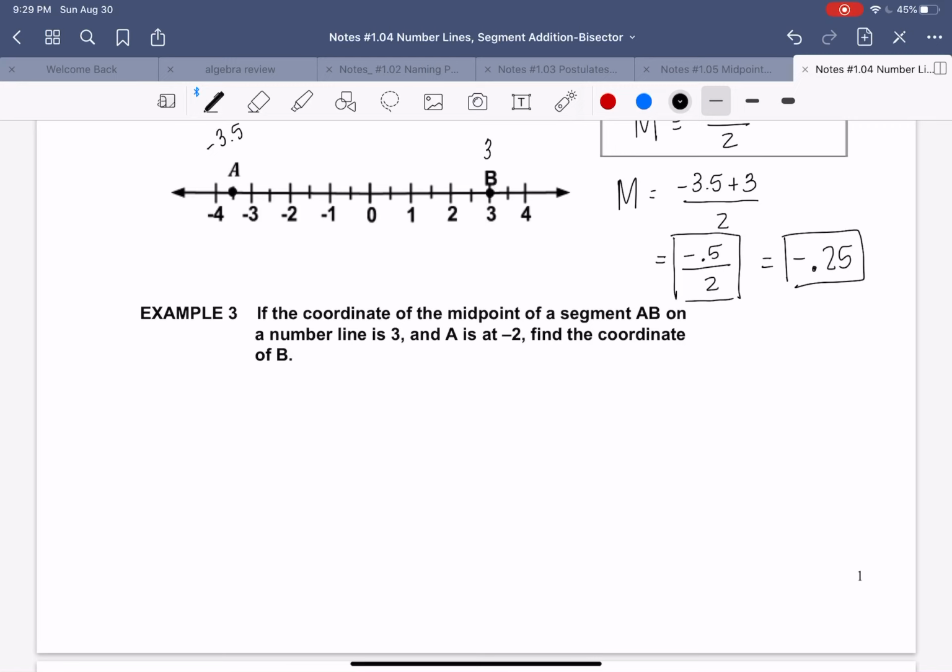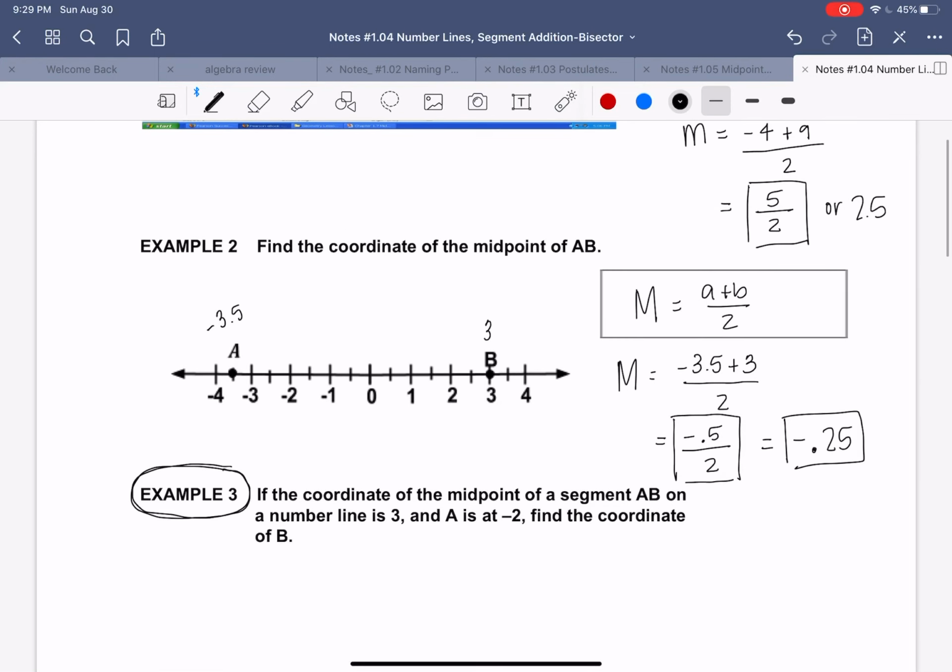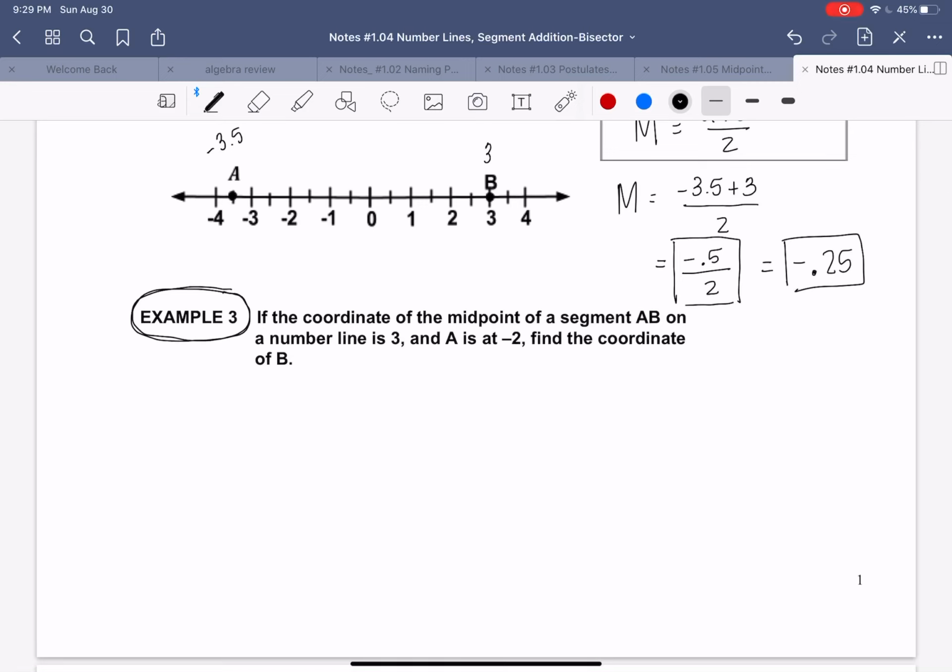So, there are 2 ways that you can find this now for this equation. Okay. So, example 3, you'll get into something a little bit different. Okay. Here in example 1 and 2, we found the midpoint. And on this example, it says if the coordinate of the midpoint of segment AB on a number line is 3.